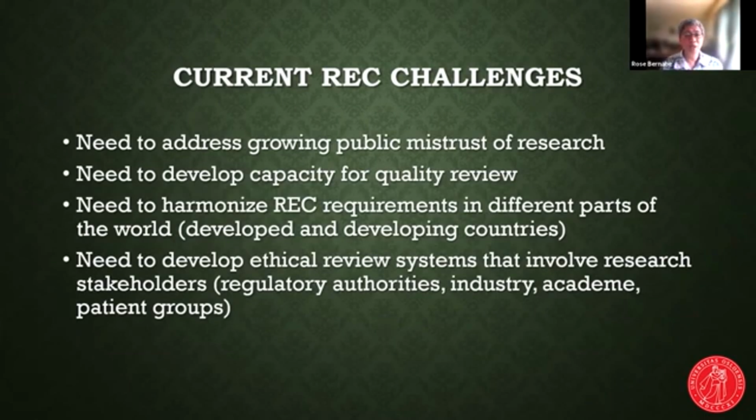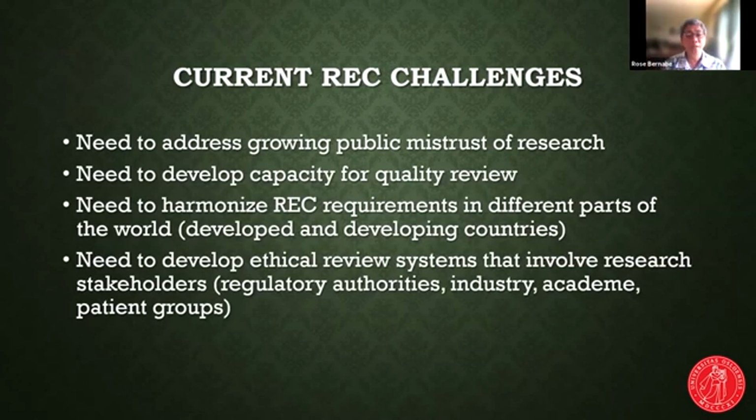Next will be the need to develop capacity for quality review. As we said a while ago, we want to make sure that ethics committee members have enough qualification and capacity to do the review. Also, the need to harmonize research ethics requirements in different parts of the world. Because we want to make sure that an ethics approval is a real one, whether you are in this part of the world or in another place.